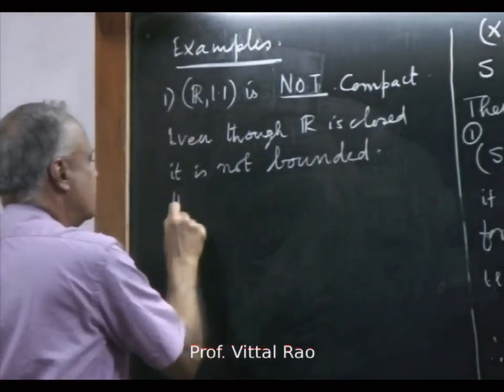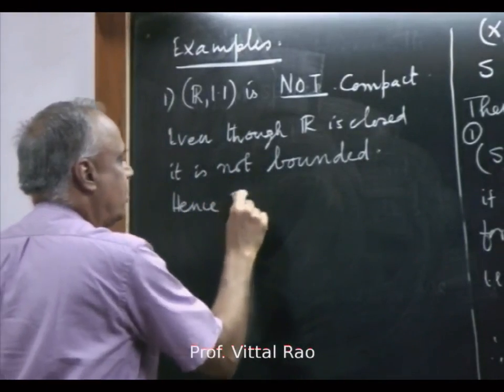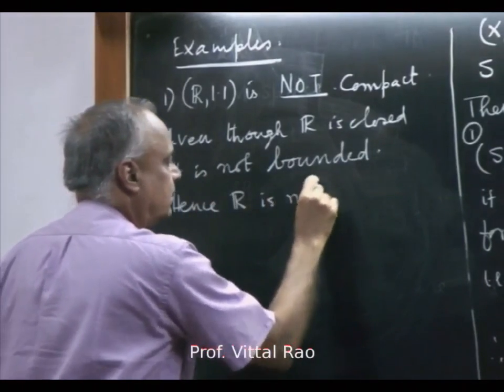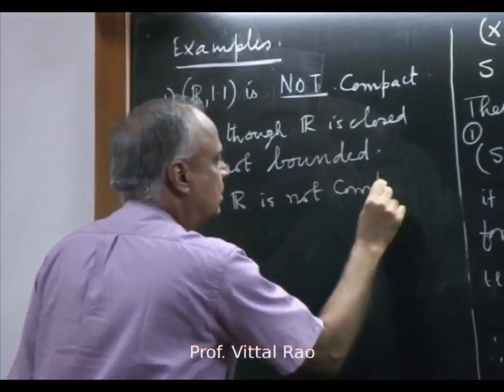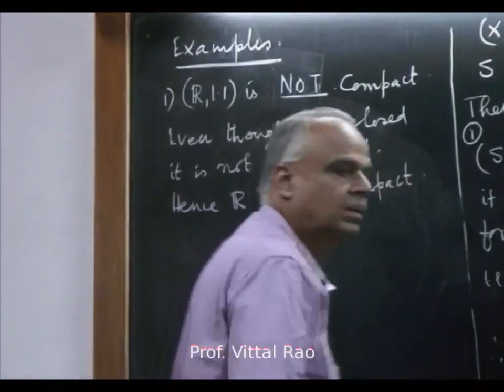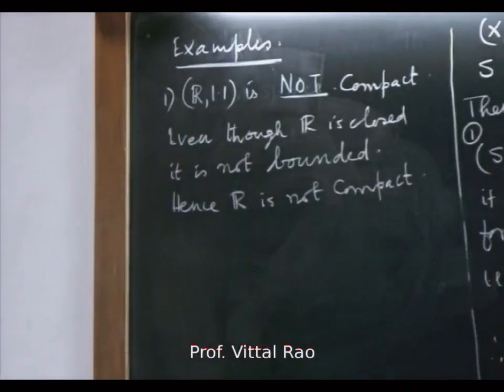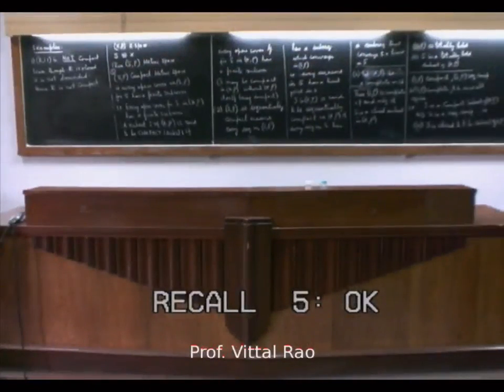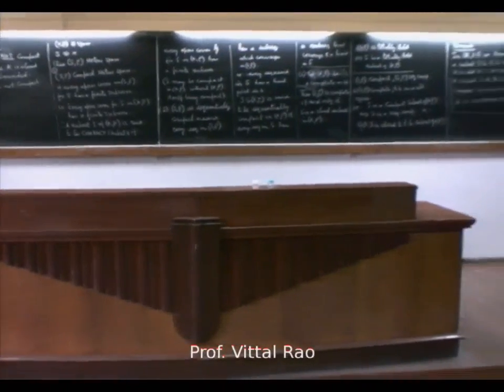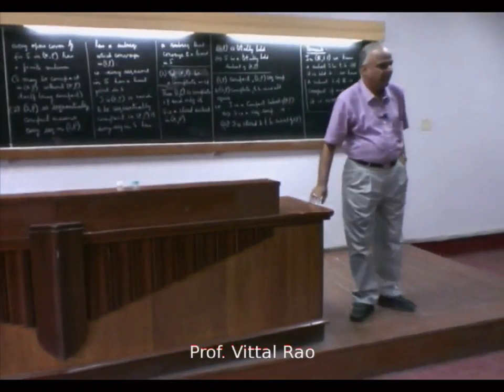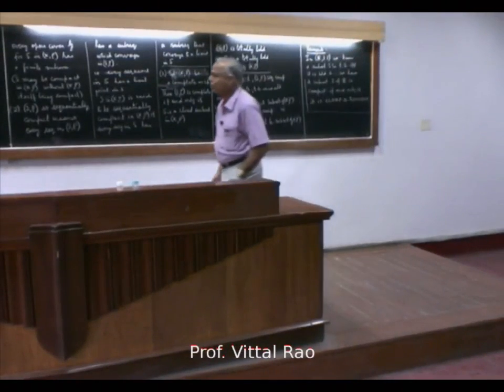Hence, now in the language of open sets, therefore there must be at least one open cover for R which cannot be reduced to a finite subcover.